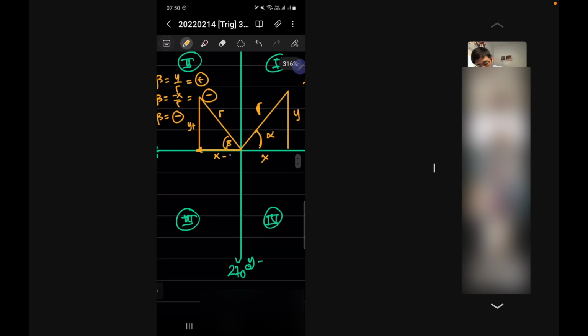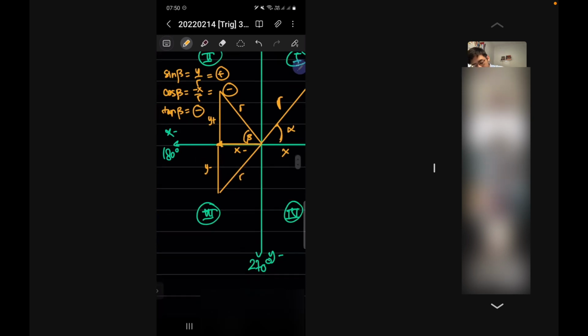As you can see here, r is assumed to be positive. So next one, in the third quadrant. Let's say we have this angle, then the y is negative, x is negative, and r is assumed positive. Let's call this theta. That's just a symbol; just remember that we are now talking about the third quadrant.